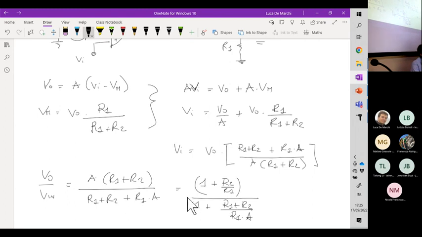So this is basically the original expression for the gain of the non-inverting configuration, and this is the degradation induced by the finite gain. If A goes to infinity, this term is cancelled out and we fall back to the original expression.